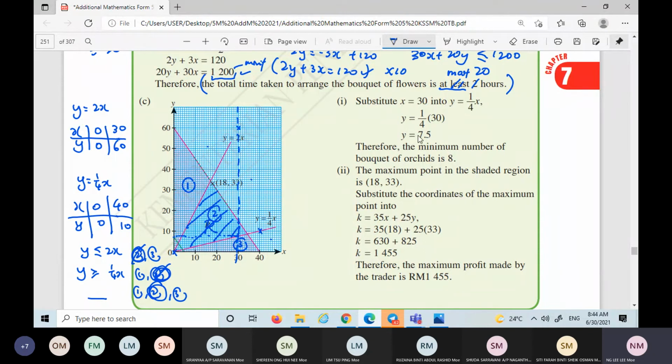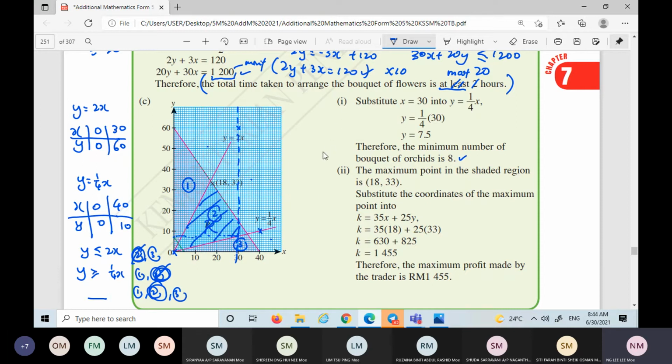So you get 7.5. But the bouquet of flowers cannot be a decimal, it must be a whole number. So here is 7.5. You cannot put 7 because 7 is already out of the region. So you have to put the next number, which is 8. So the minimum number of bouquets of orchids is 8.